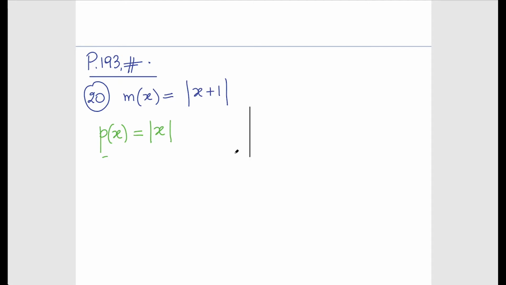So something like this. Okay, so that's the graph of p of x. The question now: how do I graph m of x if I know how to graph this? Well, you have to find an algebraic connection between m and p.